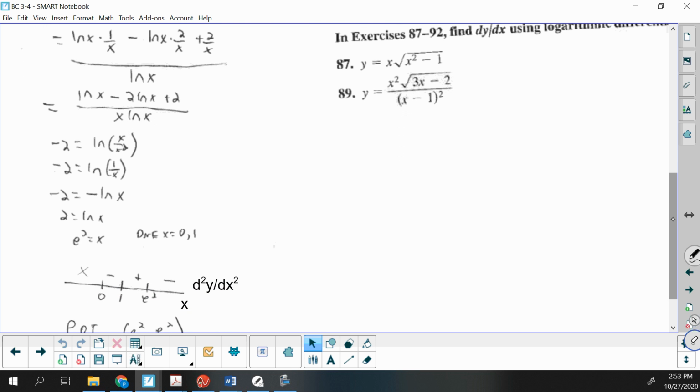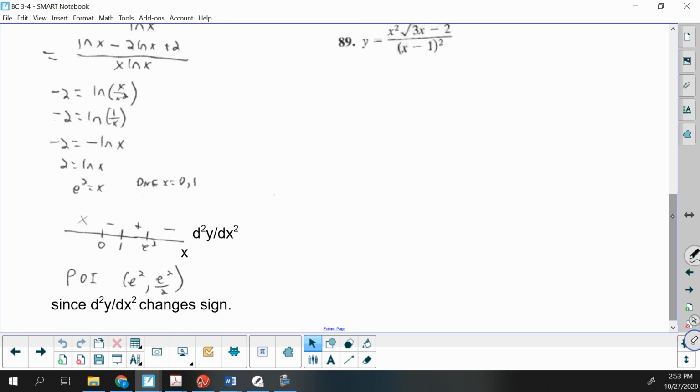The second derivative didn't exist at 0 or 1, so you had to put them on the number line, and then e squared was what made the numerator 0. So all of those went on the number line, and anything less than 0 wasn't in the domain because of the natural log, so we only tested stuff right of 0.